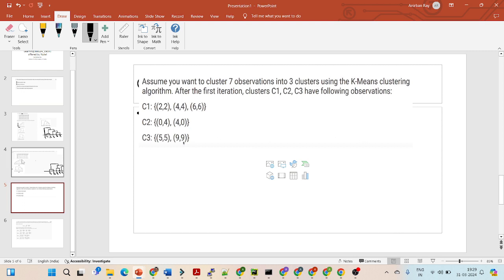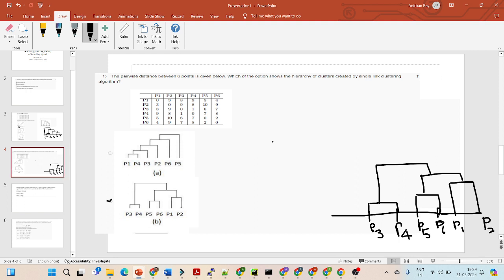How it impacts is, for any y value here, how many clusters are going to form depends on how many lines it intersects here. So here, as you can see, 3.